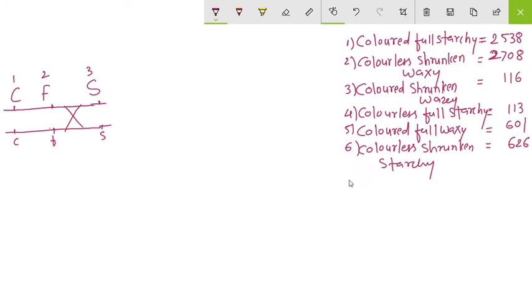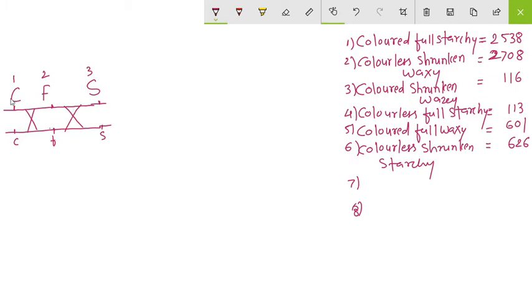Now the seventh and the eighth progeny. So now there is a double crossover between these two. That means at this place also and at this place also. There is a double crossover. And due to that double crossover, what happened?